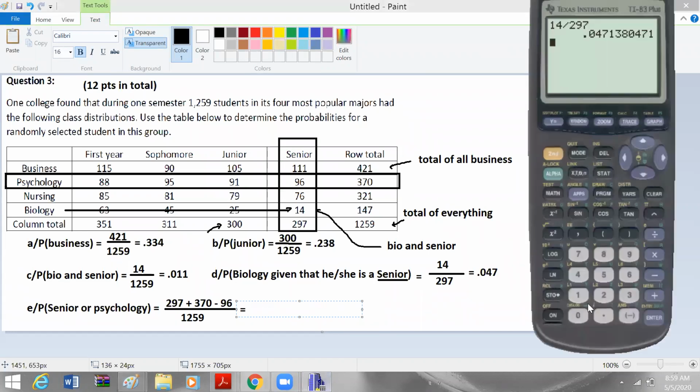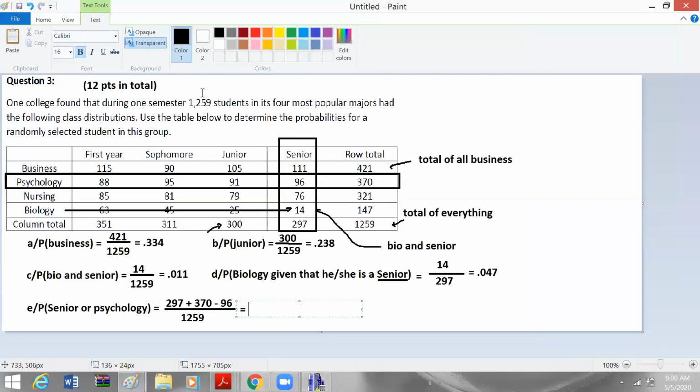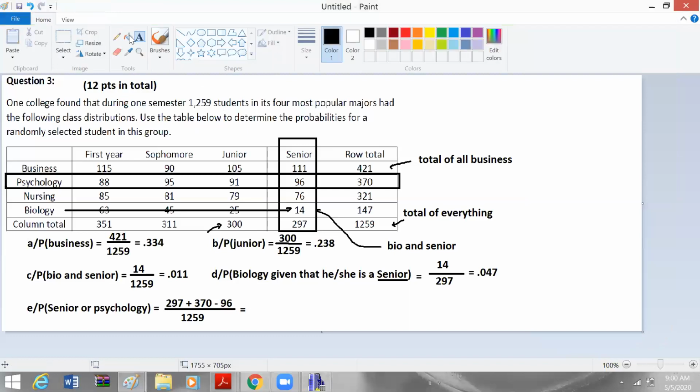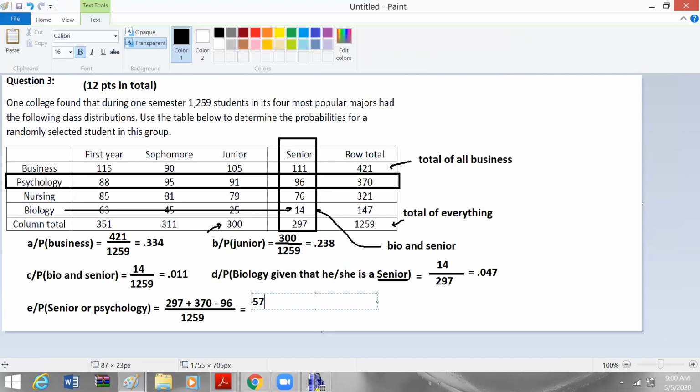We're going to take 297 plus 370 minus 96, right? So 297 plus 370 minus 96, and we're going to get 571. So the numerator that we're going to get is 571.